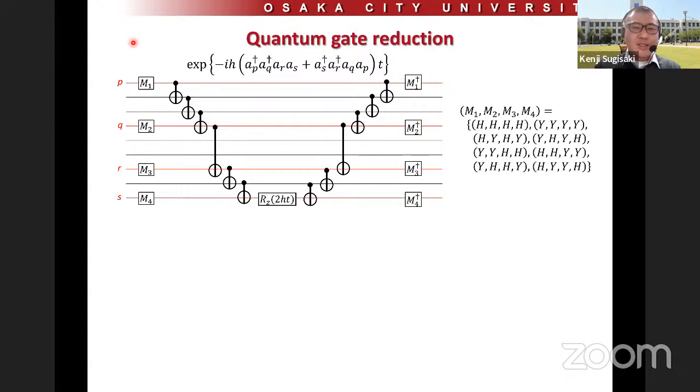First, we apply this quantum circuit using Hadamard gates for M1, M2, M3, M4. And then after that we perform the same structure of quantum circuit with Y basis, and then perform another same structure of quantum circuit with HY, and YH, and so on.